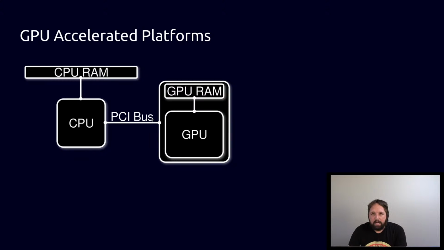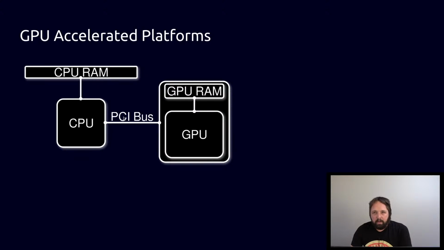But the basic idea behind a GPU accelerated system is that you'll have what you usually have on a compute platform, CPU and its own memory space. And then the GPU itself, it's got its own compute cores and its own memory space. And so this is usually the first hurdle that folks have to deal with when they're working on GPU accelerated systems, is you have these two distinct memory spaces to handle.